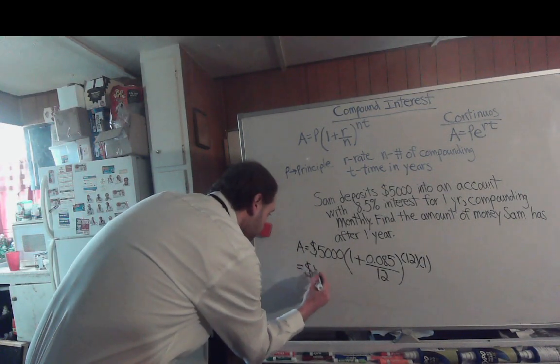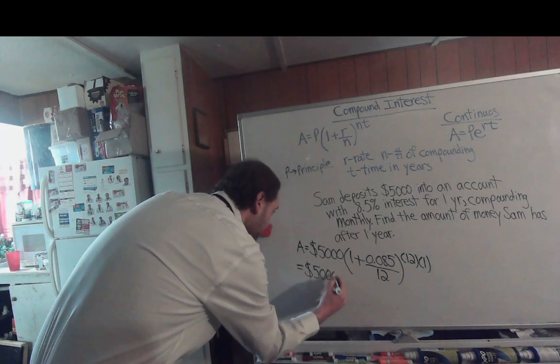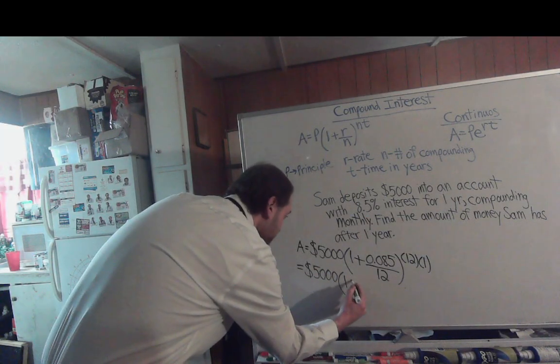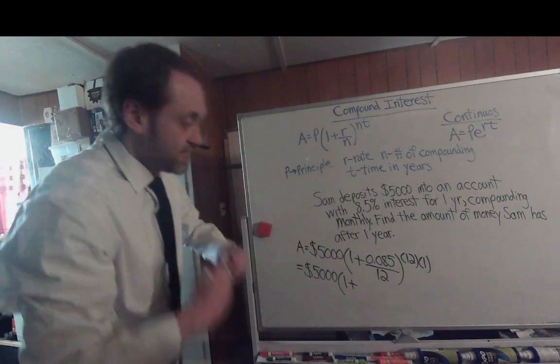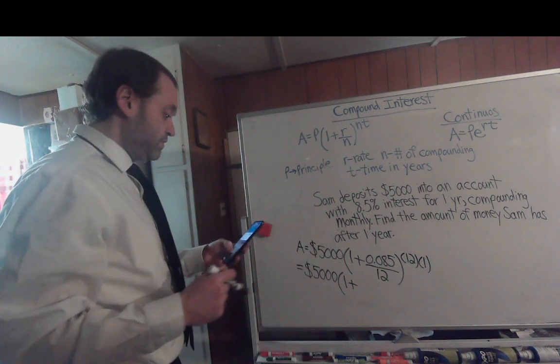You'll have 5,000 times 1 plus, let's figure out what 0.085 divided by 12 is.